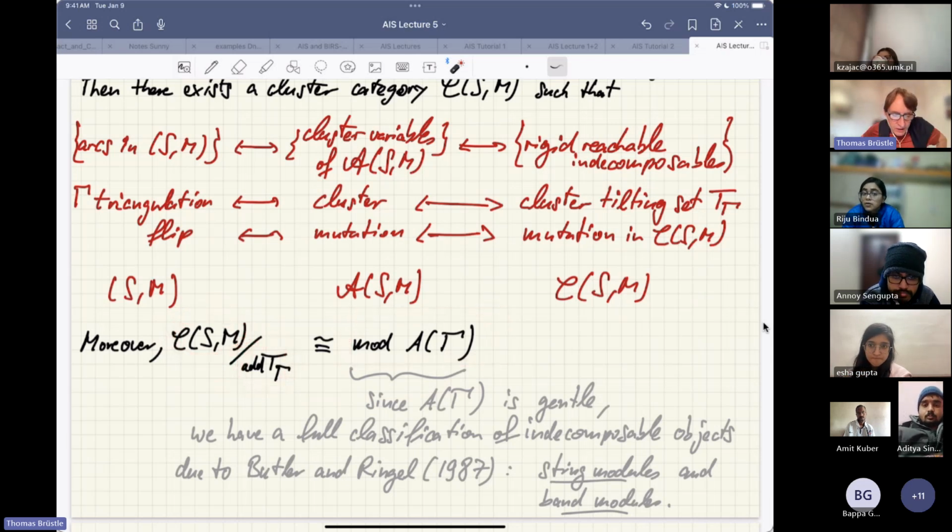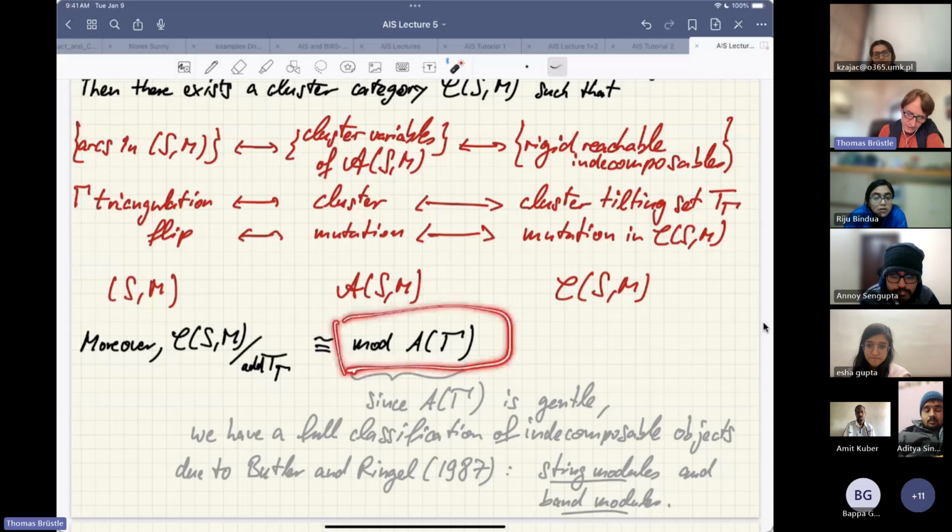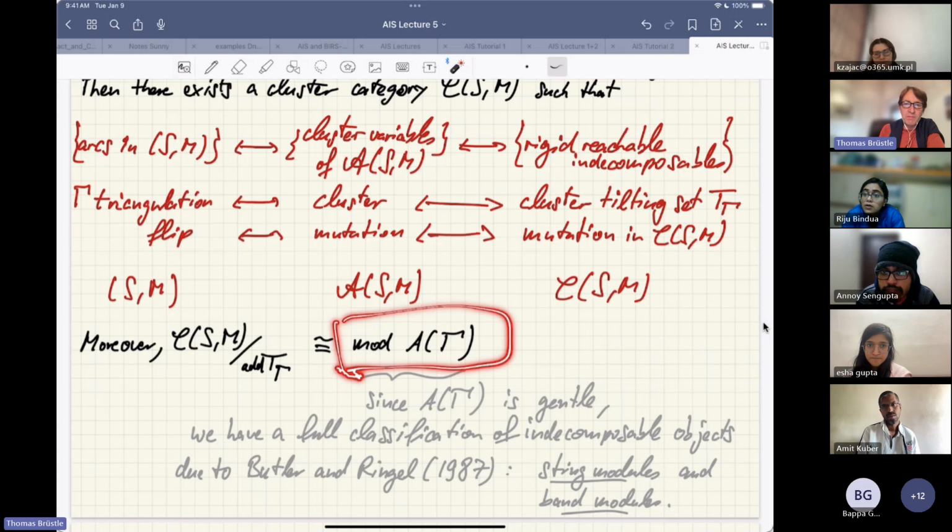The good thing here, and now this starts getting interesting, is that this is a gentle algebra. And Amit explained last week that gentle algebras are string algebras. For string algebras, we have a full classification of the modules.